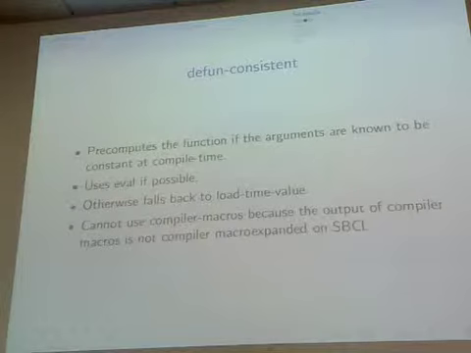So it's extremely irritating that we have this problem, because compiler macro functions would be ideal for this, but we can't actually use them. I think this is an oversight of the people who specified Common Lisp. They should have said the output of compiler macros must be compiler macro expanded. It's not difficult to require that, and it would make a big difference to my horrible macro.